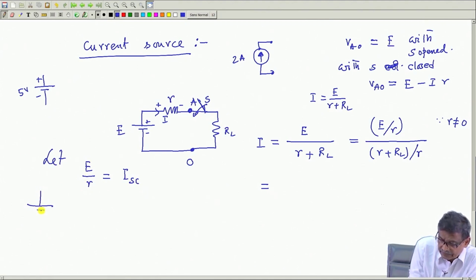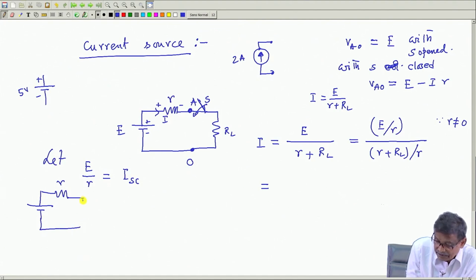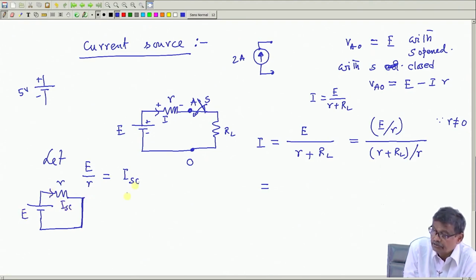This battery with this internal resistance will deliver a current if RL is made equal to 0, if these two terminals are short circuited. Then only this ISC will flow, if RL is equal to 0 here, E by small r.